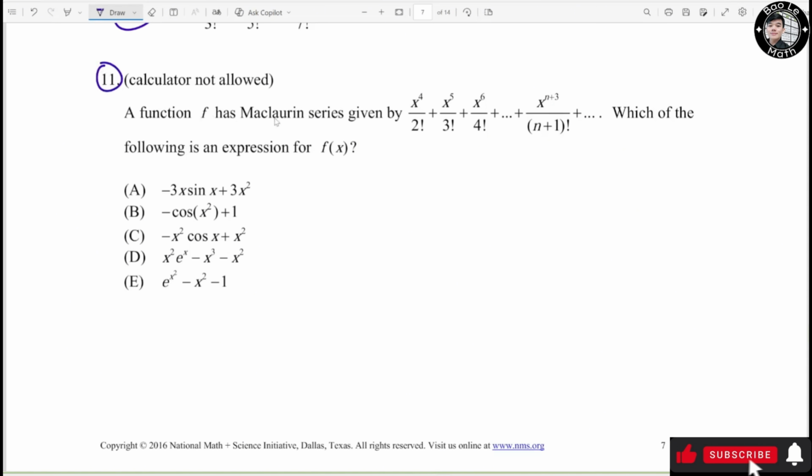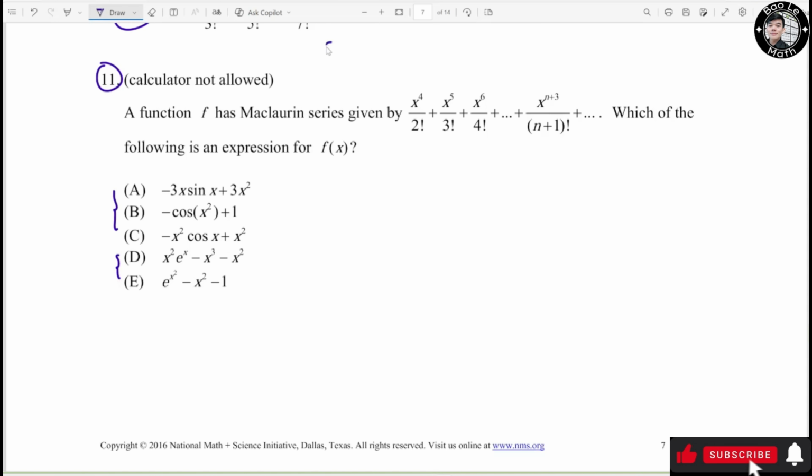A function f has Maclaurin series given by this. Which of the following is an expression for the function f of s? Alright, so look at answer choices A, B, C, D, E right here. Answer choices A, B, C are related to sine and cosine. Answer choices D and E are related to e to the s, right?